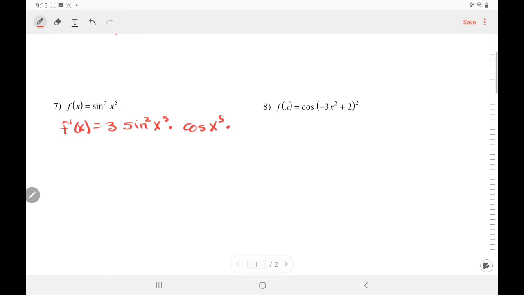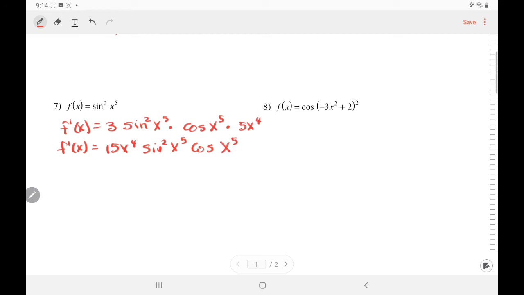Finally, the inner layer is derivative of x to the 5th is 5x to the 4th. Simplifying. Multiplying the 3 and the 5, I have 15x to the 4th, and then sine squared x to the 5th, cosine x to the 5th.